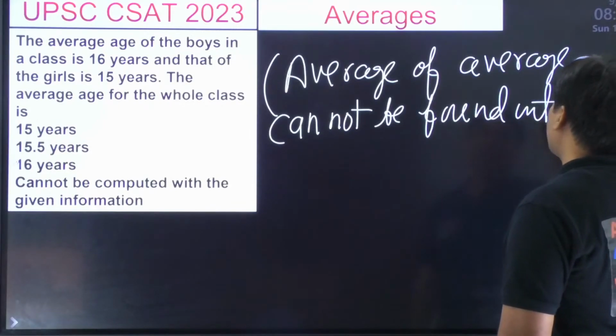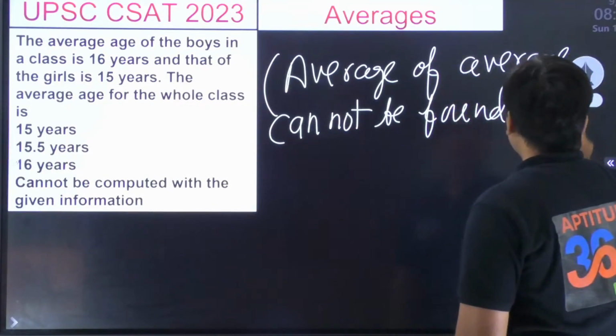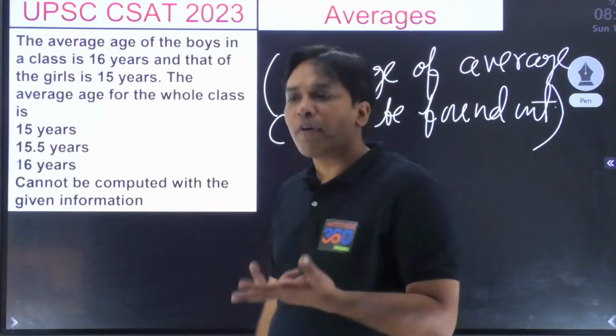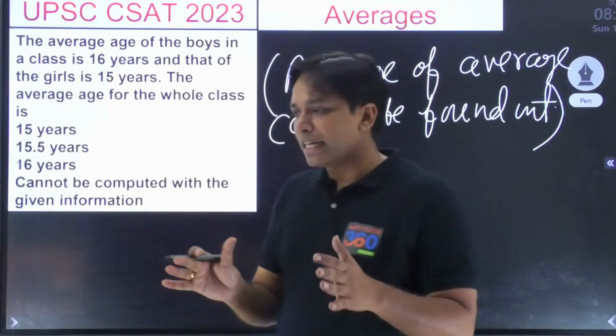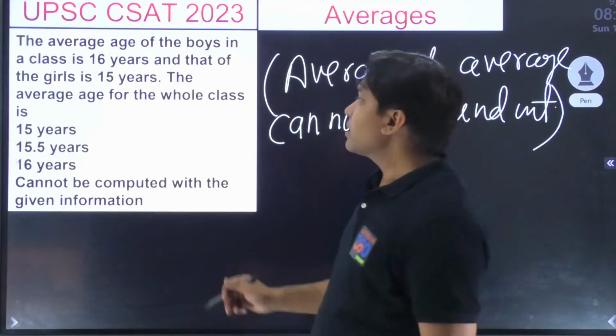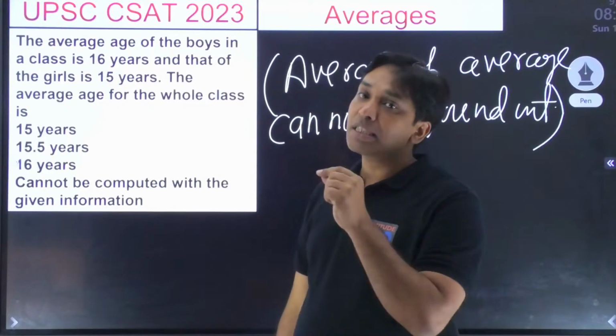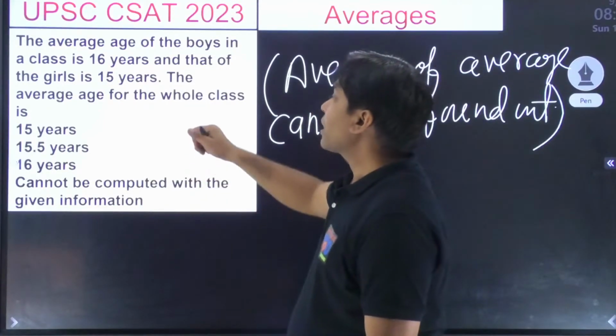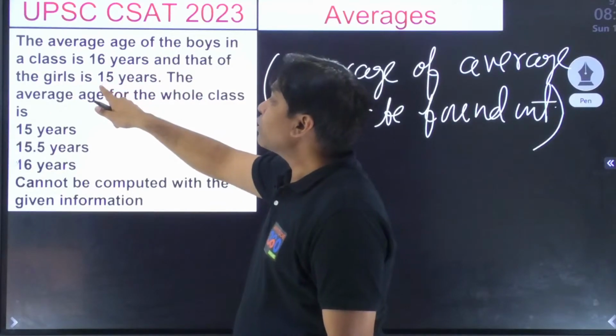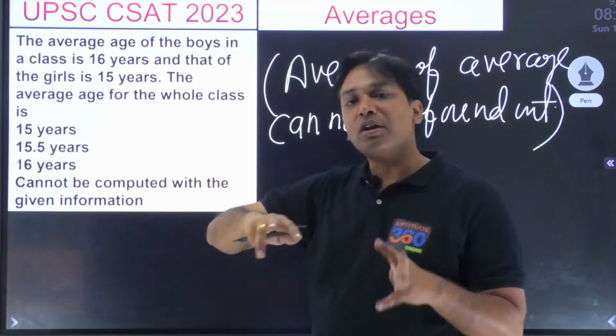If you have got the average of 2 or more values, please do not find the average of those values to find the average of the entire data set, because the problem does not tell you how many boys are there in the class, how many girls are there in the class.